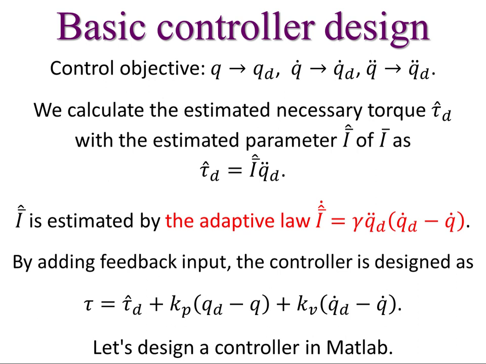To update I bar hat from the adaptive law, we need to numerically integrate the adaptive law. To do this on Simulink, let's output I bar hat dot from the controller block, integrate it with an integral block, and then input the output of that integral block into the controller block. So, let's take a moment and create this simulation.